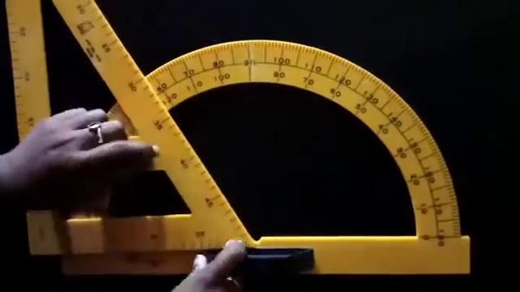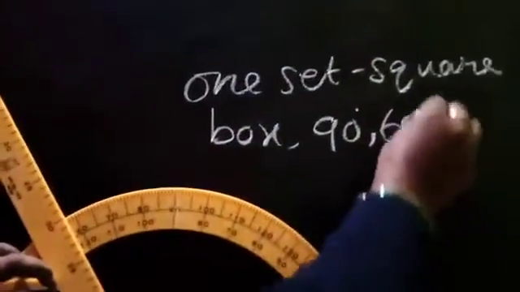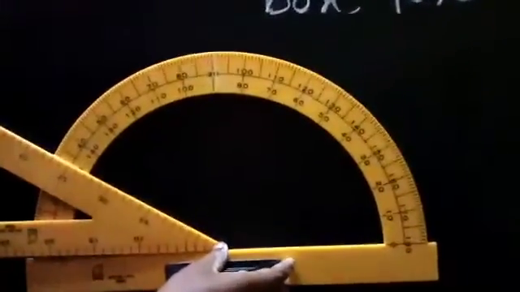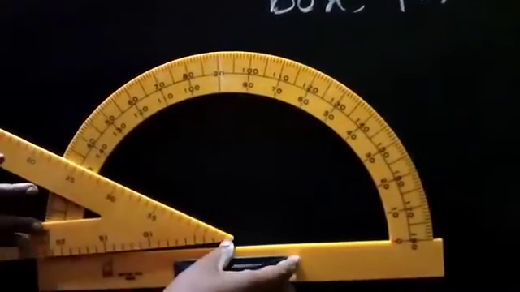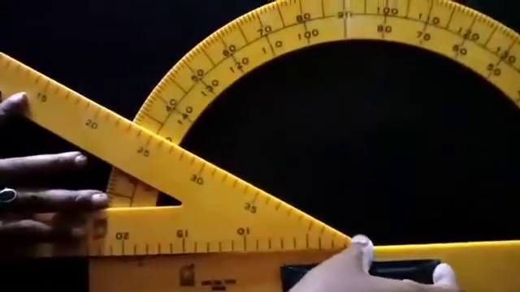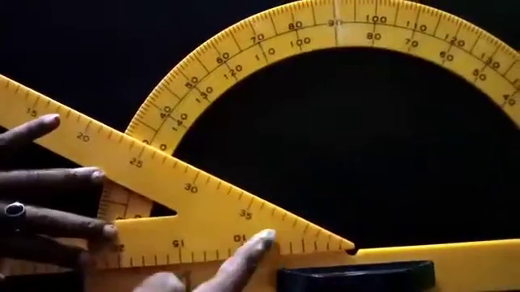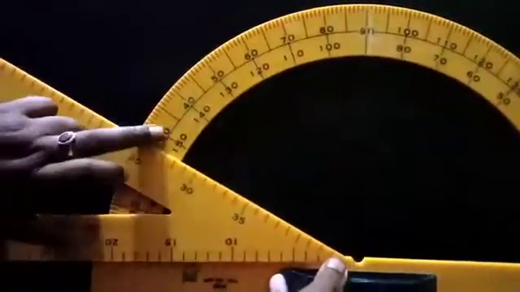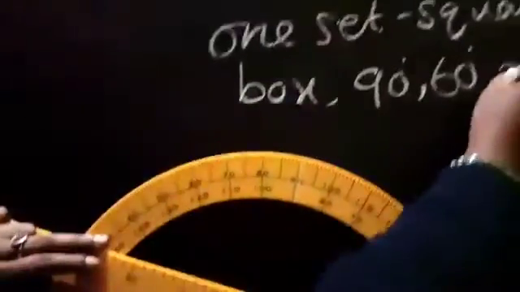This angle will be 60. Now find the other angle. Like this you should keep. This length also should be here. We have now, this is 30 degrees here in this set square.